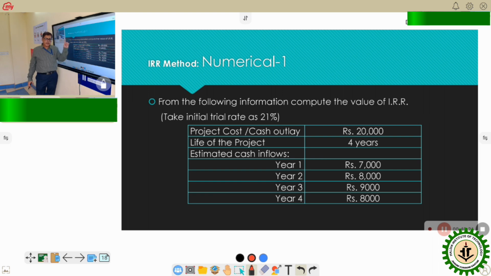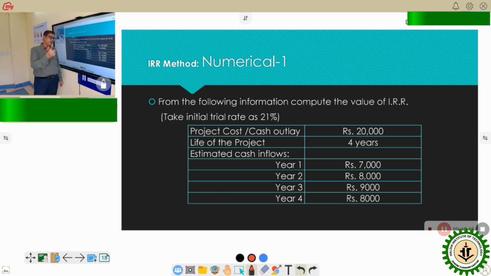Initially, whatever rate is assumed, either 10% or 20%, you need to calculate the NPV using that particular rate. If you get a positive NPV, in order to lower the value of NPV, you have to increase the rate. Let us check by a 1% increase.